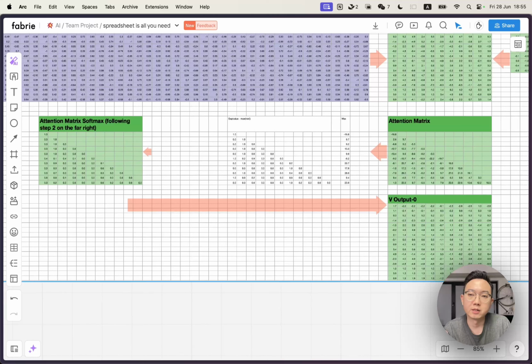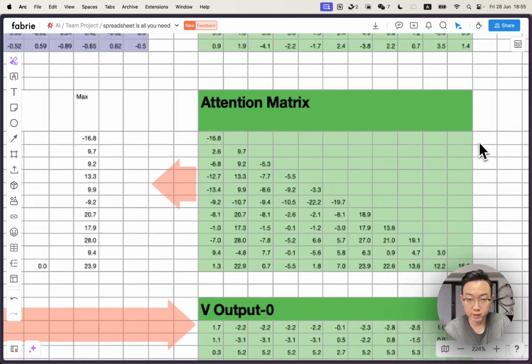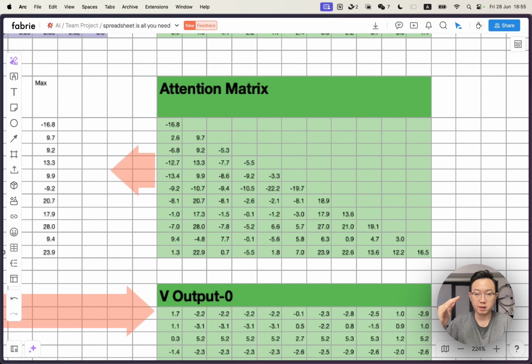So the output is basically a matrix that we're using to guess what would be the best result. But like I said earlier about the self-attention mechanism, it uses the previous words to predict the next word. That's why in the attention matrix, what you see here is actually a triangle-shaped matrix, because the triangle on the top right corner is removed because it's not useful, because we're not using future words to predict previous words.